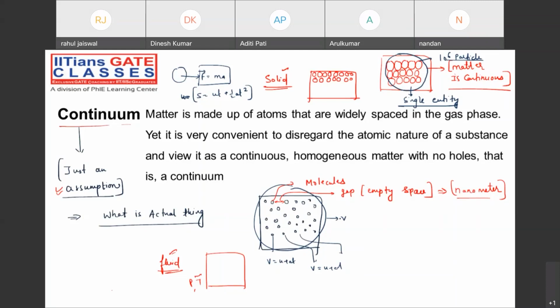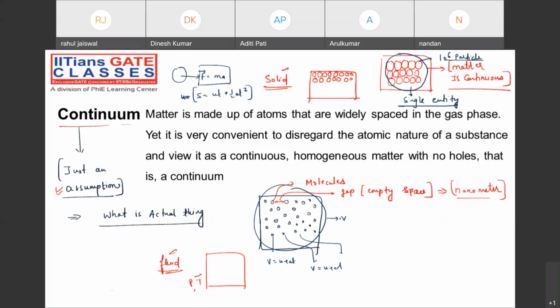Now you got to know why the concept of continuum is a very, very important thing. You might have studied this particular topic, but you never got the practical, real meaning of the concept of continuum. That is the meaning of the concept of continuum, treating the matter to be continuous.